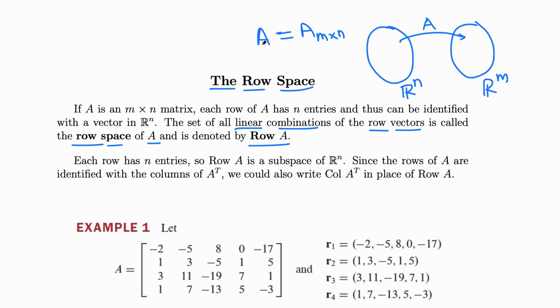So when we take all the rows of A, we get a bunch of rows, and take the set of all linear combinations of those, that is called the row space. And row space lives here, row A, and it is a subspace, by the way. And we know that column space lives in Rm, but row space lives here.